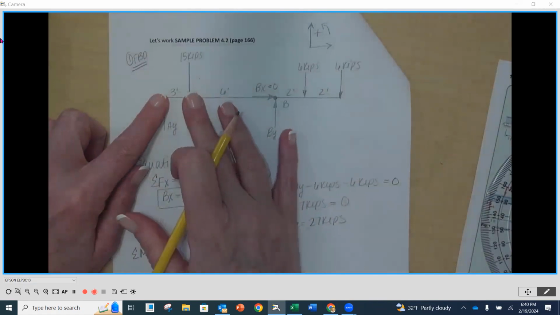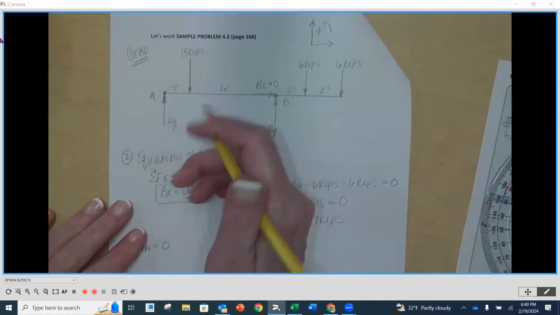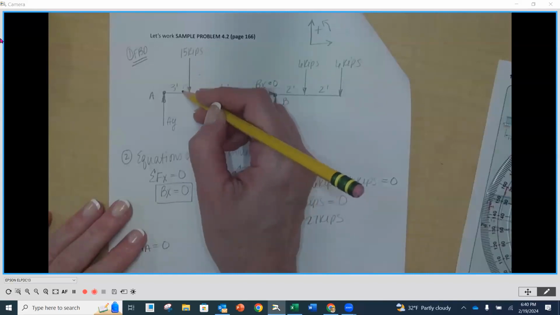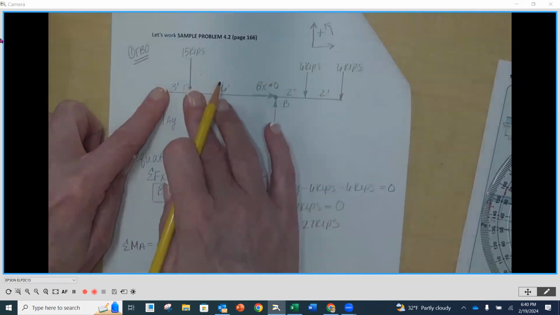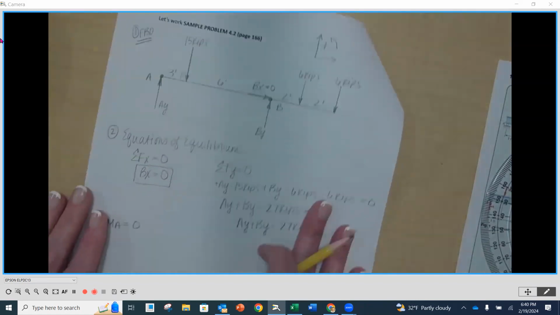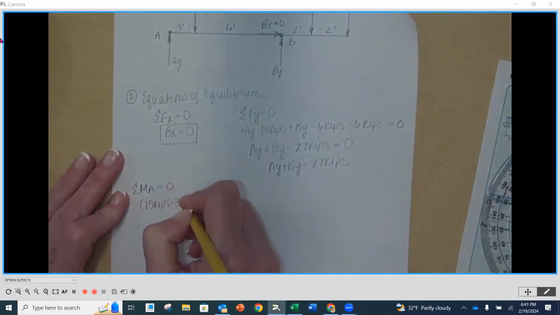And I'm going to start with the 15 kips and see if it causes rotation. It does. So I'm going to take 15 kips times its perpendicular distance from A, which is 3 feet. And then when I pull in this direction, it's going to go clockwise. So a negative out front. So 15 kips times 3 feet, negative out front.